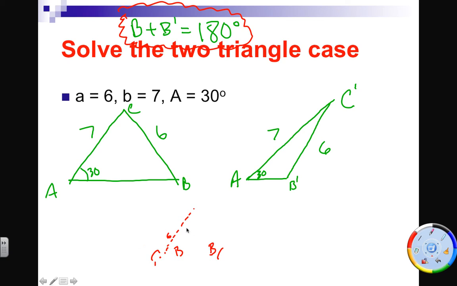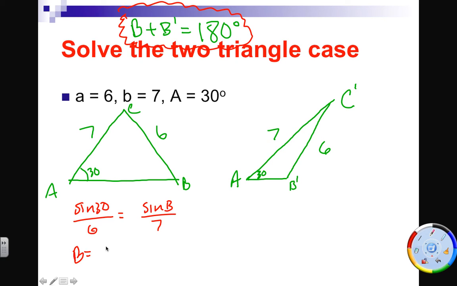All right, let's get rid of this here. Let's see if we can solve what we need to solve. All right, so on this triangle, sine of 30 over 6 is equal to sine of B over 7. It's the only thing I can solve for first.